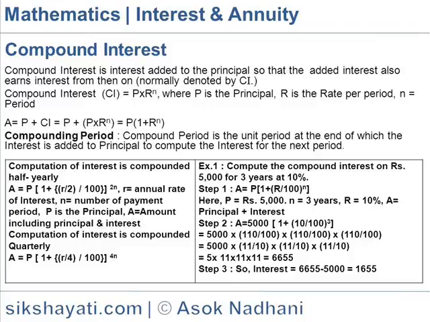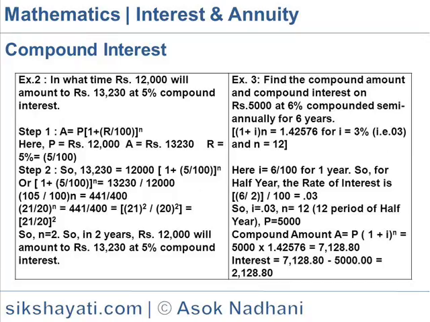So in step 3 we get interest is equal to 6655 minus 5,000, that is the principal amount, is equal to 1655.